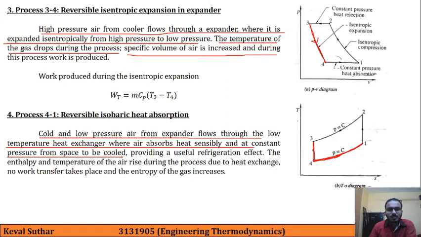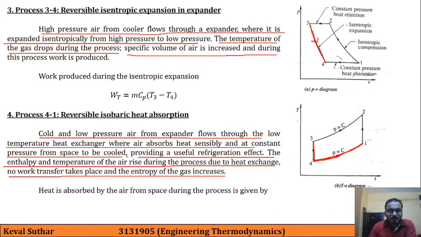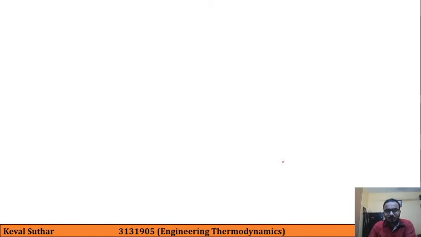So this will be the part of our refrigerator, and it provides a useful refrigeration effect. The enthalpy and temperature of air rise during this process due to heat exchange, and no work transfer takes place, and the entropy of the gas increases. So heat absorbed by the air from the space during the process is given by mCp (T1 minus T4). Now we will do the calculation of COP for this cycle.